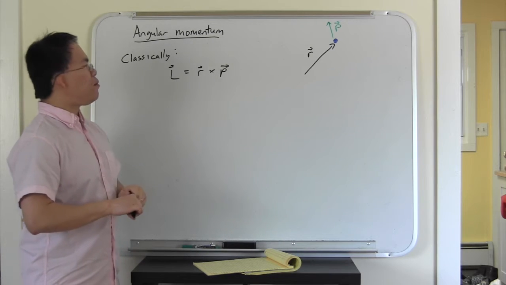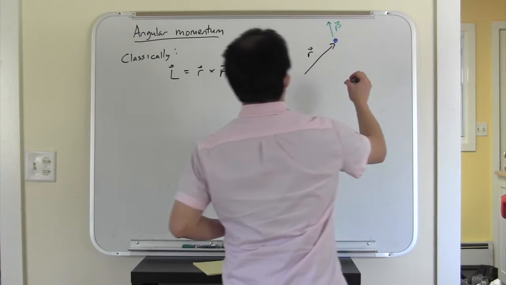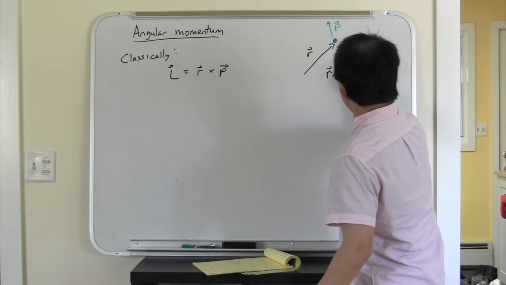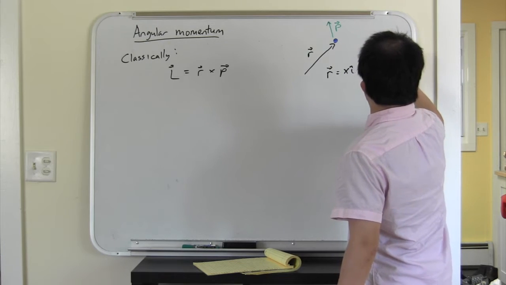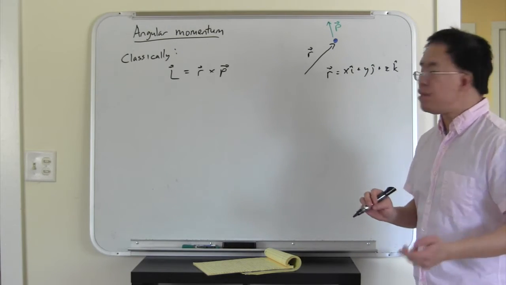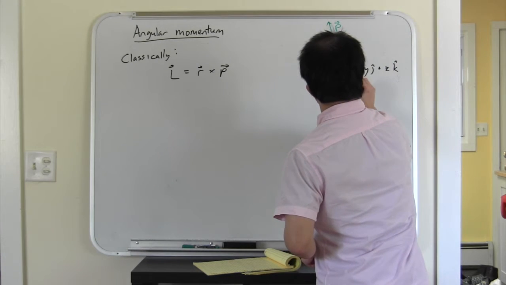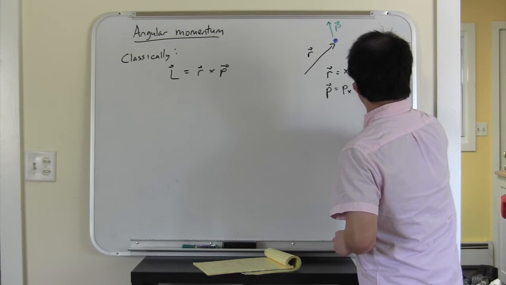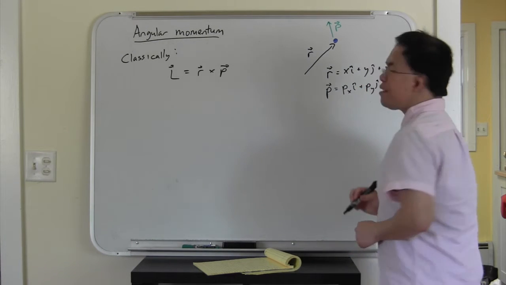Now, this is a cross product, right? And if I have the components of these vectors, classically I can write my r vector component-wise as x i hat plus y j hat plus z k hat. And similarly, I can write out the momentum vector component-wise, that is p sub x i hat plus p sub y j hat plus p sub z k hat.